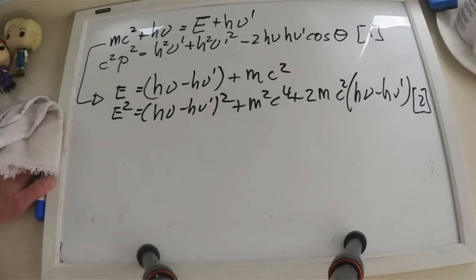Here, remember, the initial energy of the photon is h nu and the final energy of the photon is h nu prime. The initial energy of the electron is mc squared and the final energy of the electron is E. And the final momentum of the electron is p. I multiply by c squared the equation of the momentum and subtract from the equation of the energy. I do a little of wibbly wobbly timey math stuff.